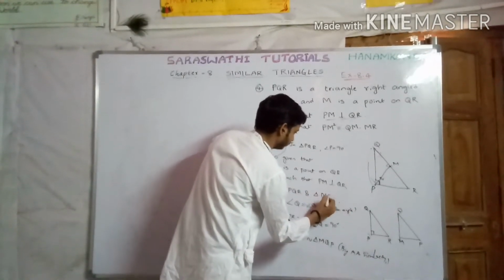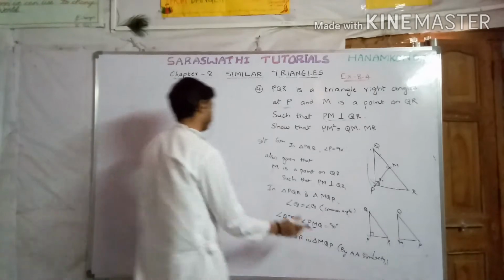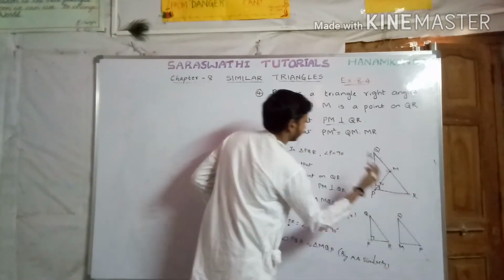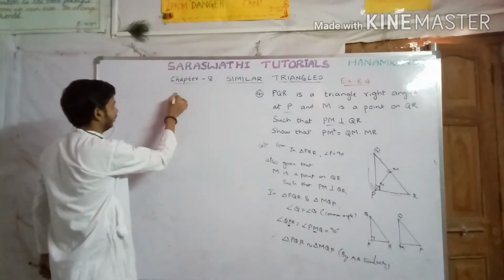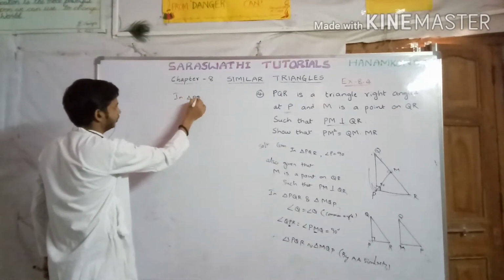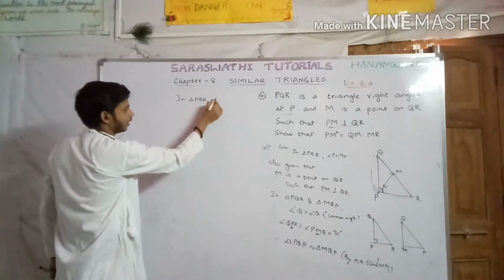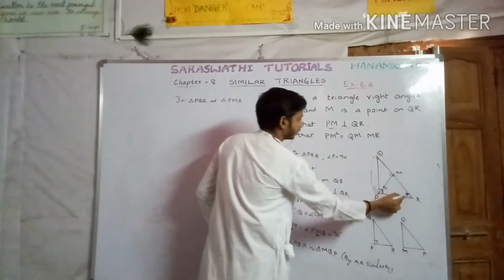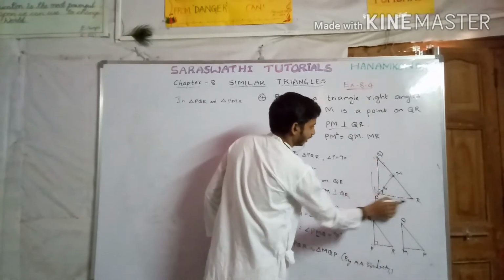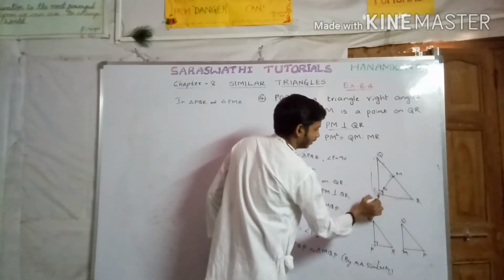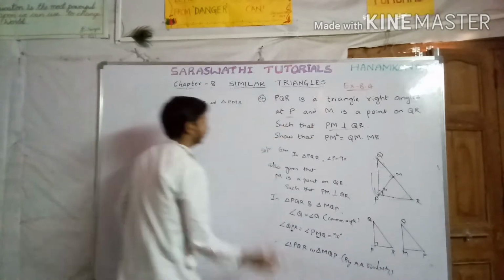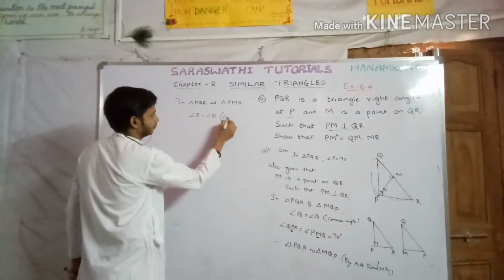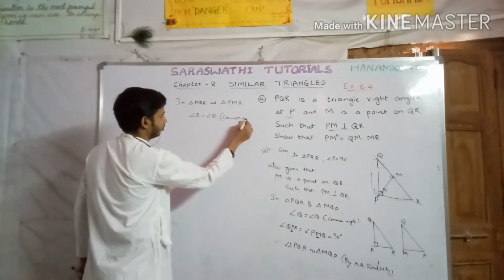So now consider triangle PQR and triangle PMR. In both the triangles, angle R is common. So angle R equals angle R, common angle in both the triangles.